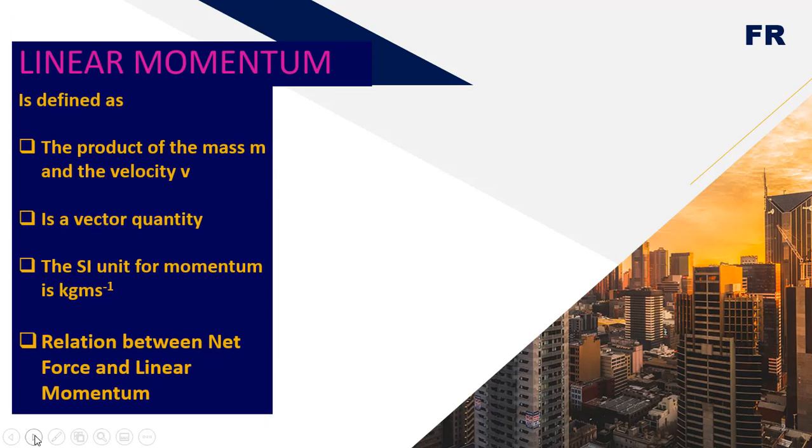Okay, so we will discuss a physical quantity called linear momentum. First we go to the definition. Mathematically, linear momentum is the product of mass times the velocity. Product here means multiplication of mass and velocity.